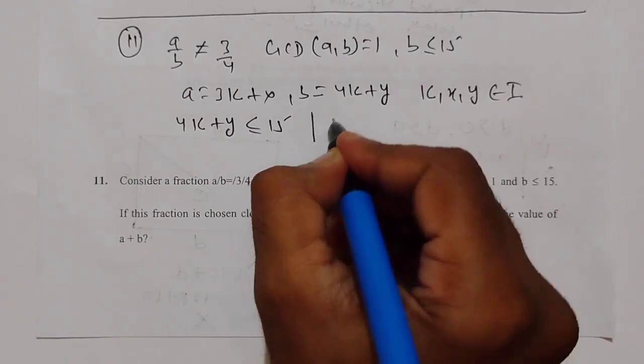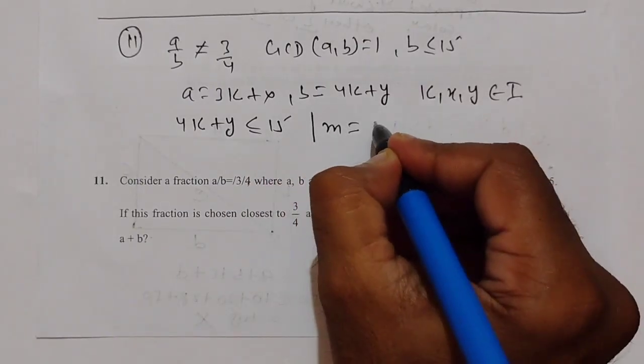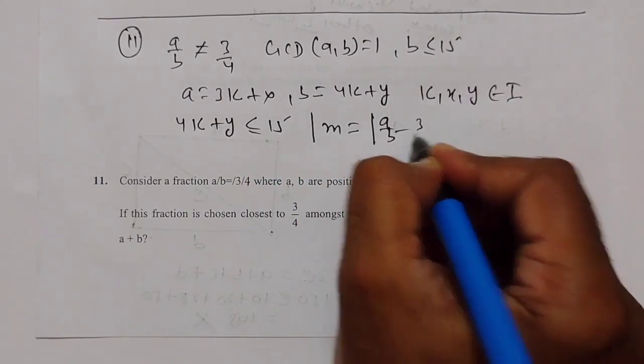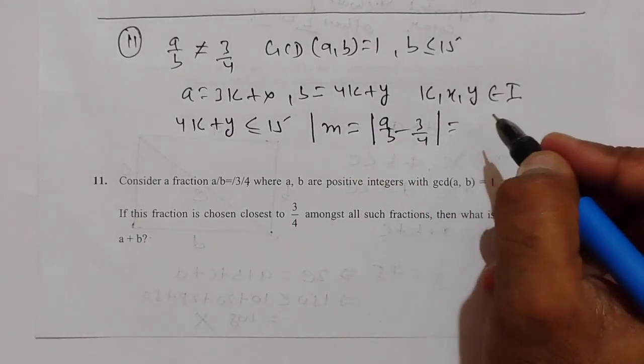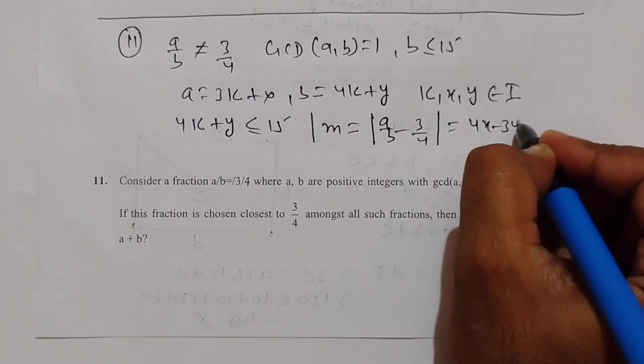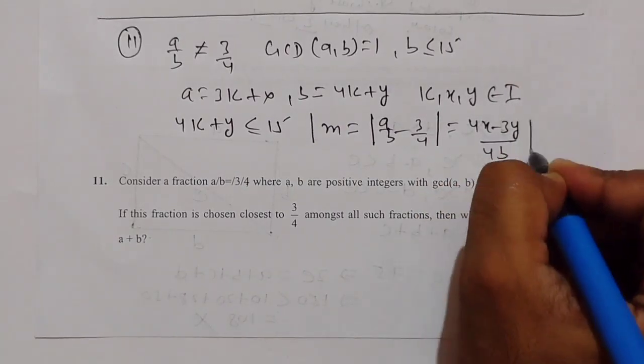So we have the value of M is equal to modulus of a by b minus 3 by 4, and this is equal to modulus of (4x minus 3y) by 4b.